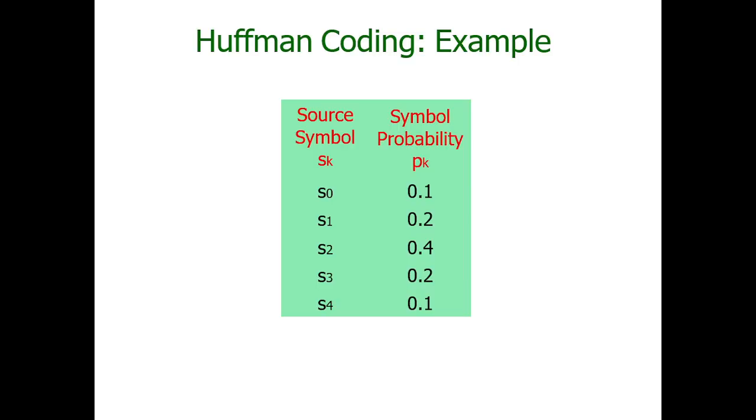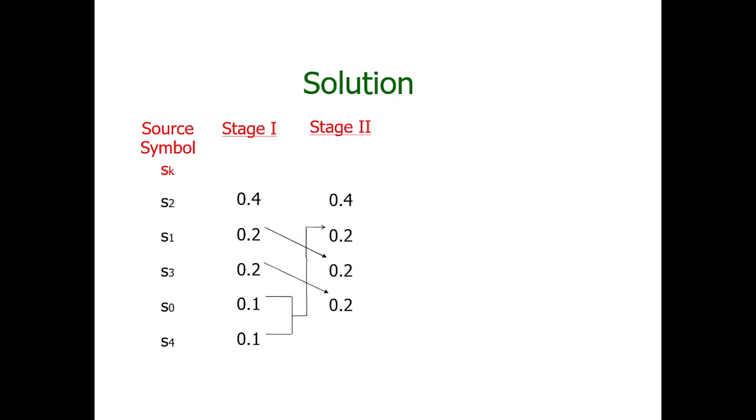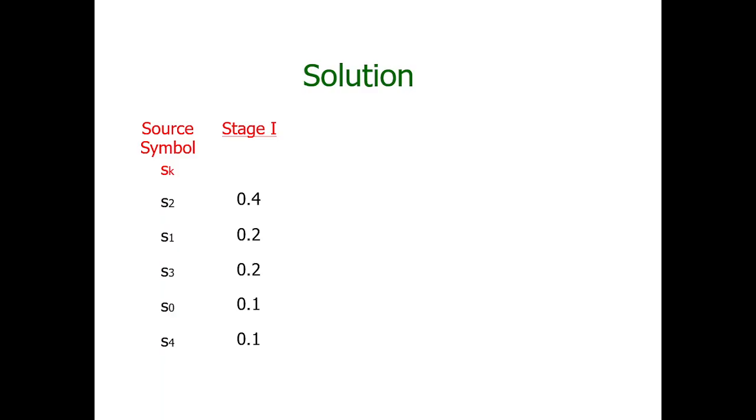So, let's see one problem for Huffman coding. They have given five symbol alphabets, which have the probabilities 0.1, 0.2, 0.4, 0.2, 0.1. Here we proceed towards the next stage.